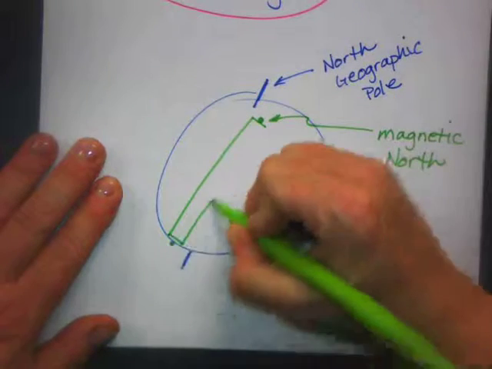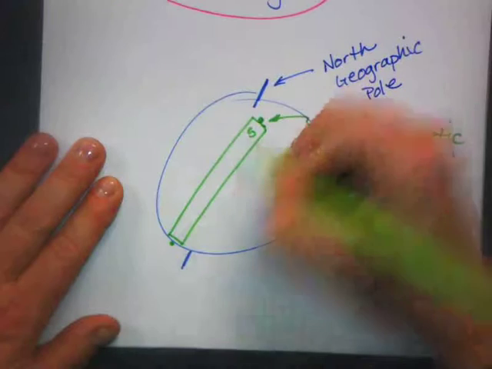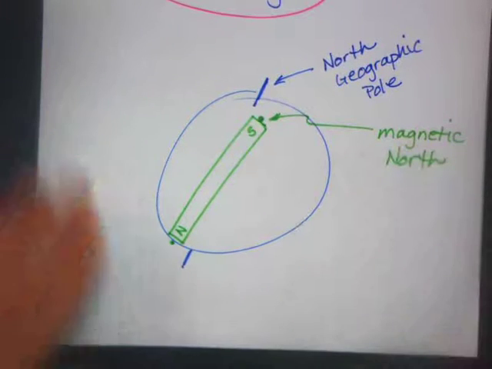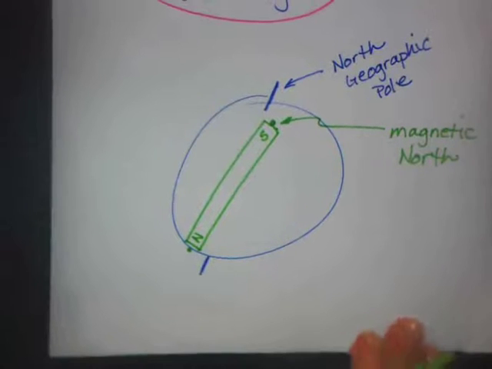So let's draw our pretend magnet. Do you see what's going on here? The way we identify magnets is completely and totally arbitrary.